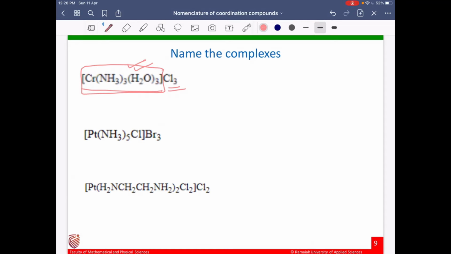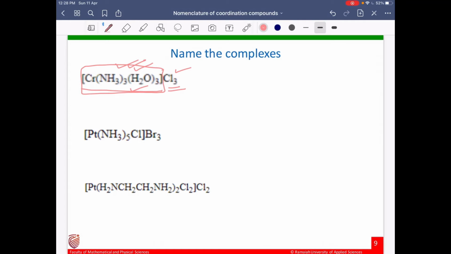So, first point, we now know that we have to write the complex ion first: Cr(NH3)3(H2O)3. First, we have to write the names of the ligands.